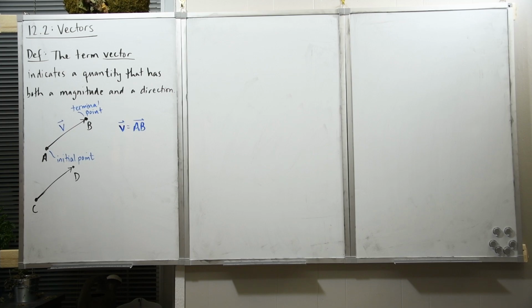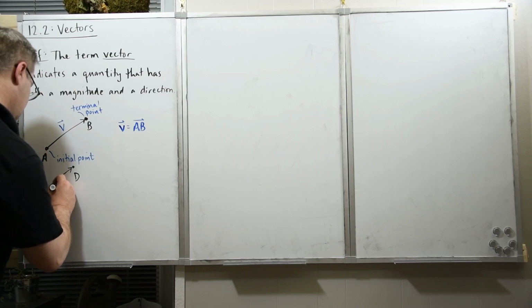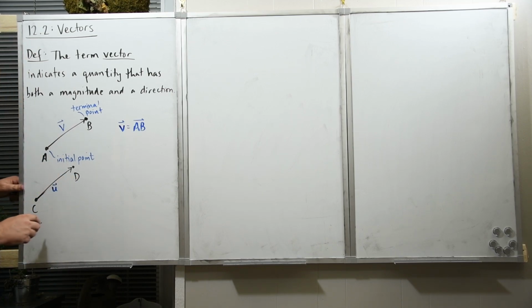So let's say that this is a vector u, so u would equal a vector CD. Now, if this vector u has exactly the same magnitude and direction as v, then we would say that u and v are equivalent or equal vectors.